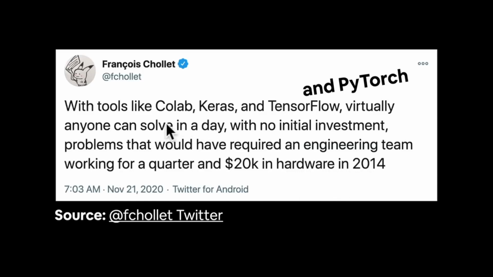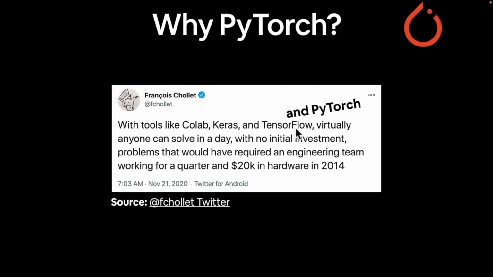So this is just to highlight how good the space of deep learning and machine learning tooling has become. Colab, Keras, and TensorFlow are all fantastic, and now PyTorch is added to this list. If you want to check that out, there's Francois Chollet on Twitter. Very, very prominent voice in the machine learning field.